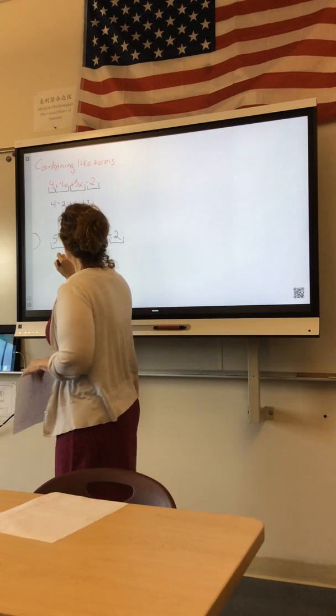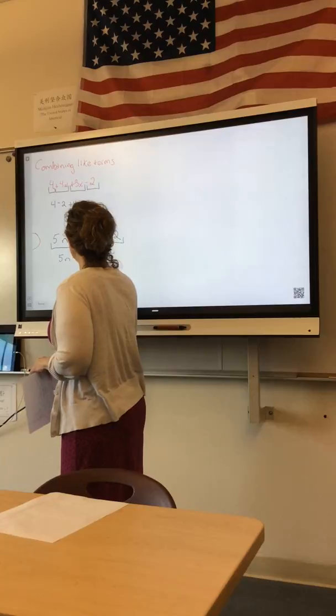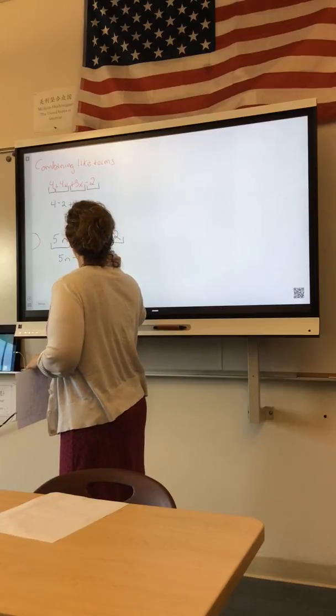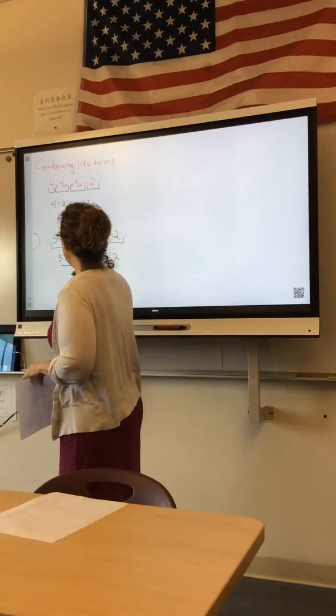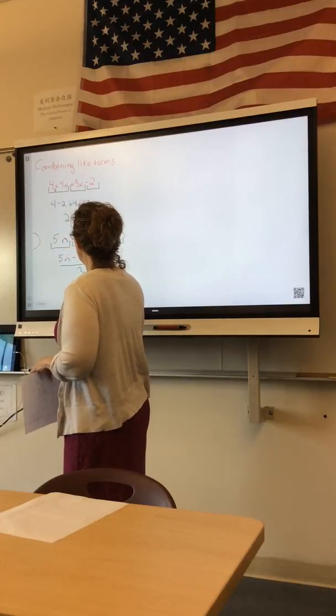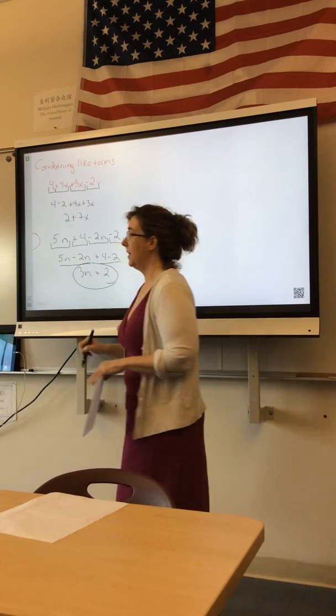I'm going to rearrange them where I have my like terms near each other, and then I can simplify. 5n minus 2n is 3n, and 4 minus 2 is a positive 2. And my final answer is 3n plus 2.